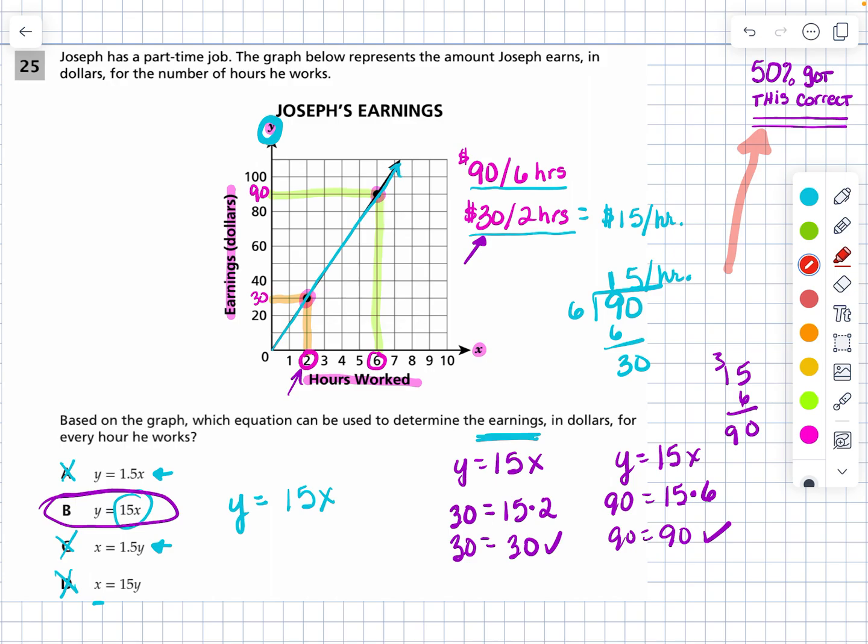And just another reminder, when you're given something that you may not know how to do, it's really good to just walk through it. You could have even, for each of these, just plugged in the amounts of 2 and 30 on each of these things and see if you got what you expect. So different ways to approach it, but always check your answer. That's the number one thing I think you can do to make sure you get it right.